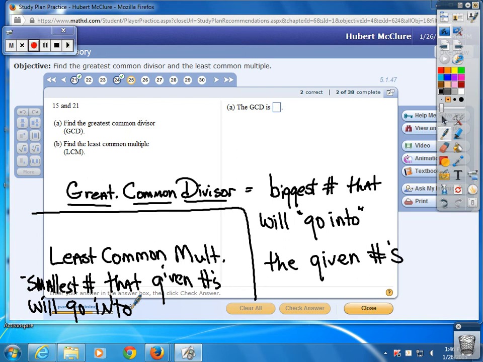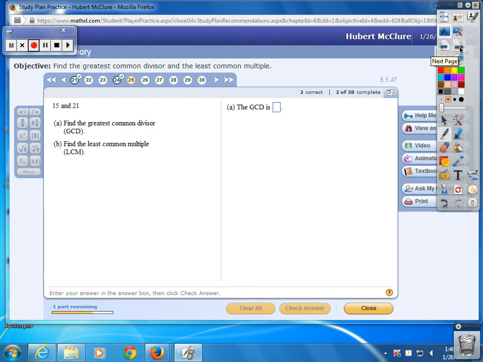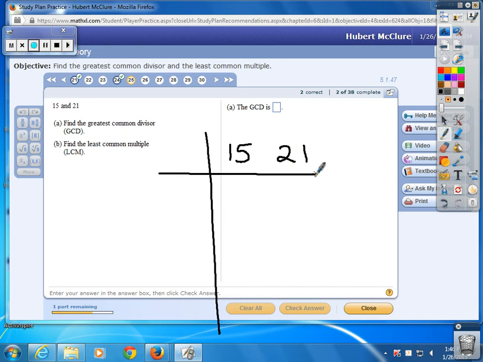So how do you find it? Well, this is how you do it. First of all, you take your two numbers and you put them side by side and you draw your box. Just like before, 2, 3, 5, 7, 11, and sometimes 13.